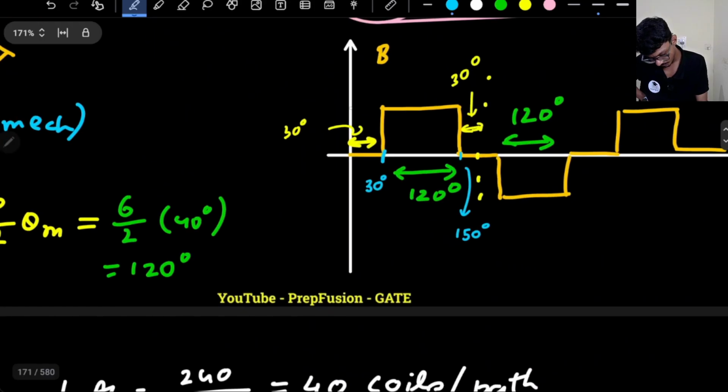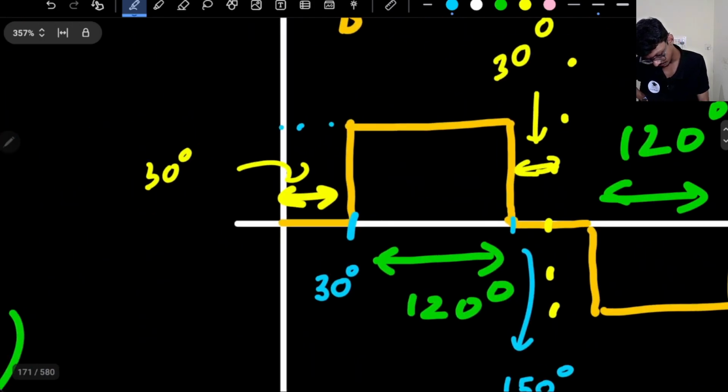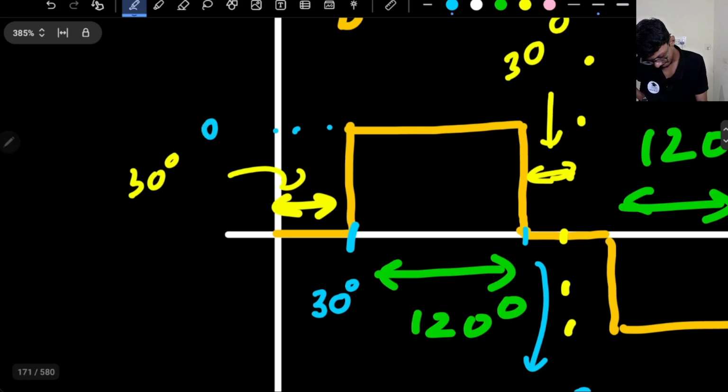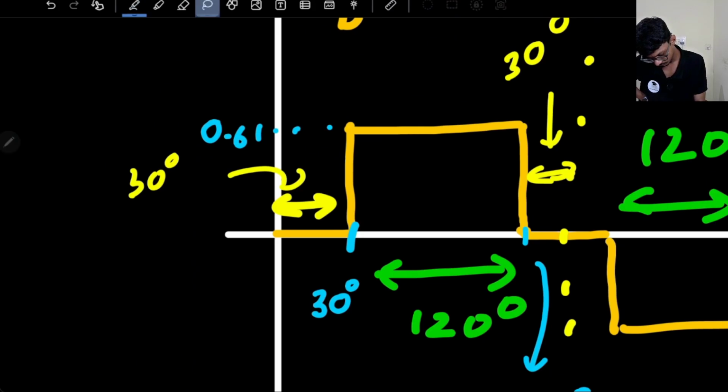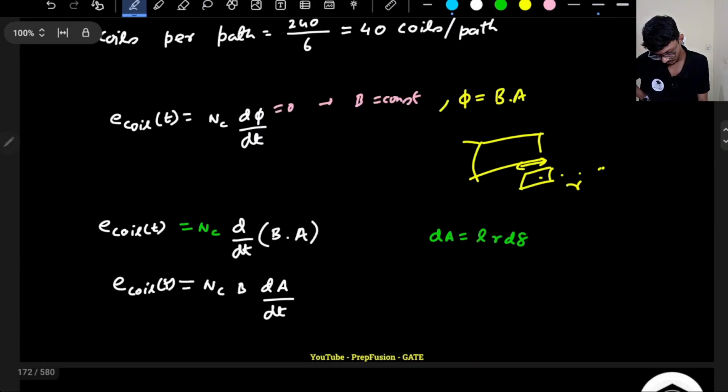What is the value? The value is 0.6 Tesla.